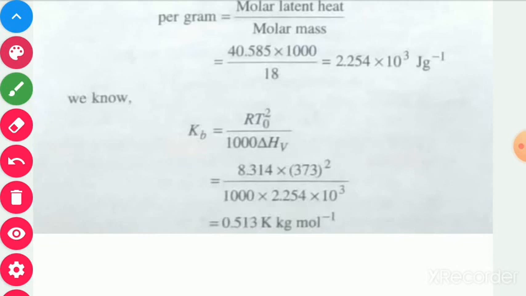T naught is the boiling point of pure water, that is 373, and since it is squared, we have to take the square of 373, upon 1000 into the latent heat of vaporization, for which we got the value 2.254 into 10 power 3 joule per gram. On solving, we get the value: the molar elevation constant Kb is equal to 0.513 Kelvin kg per mole.